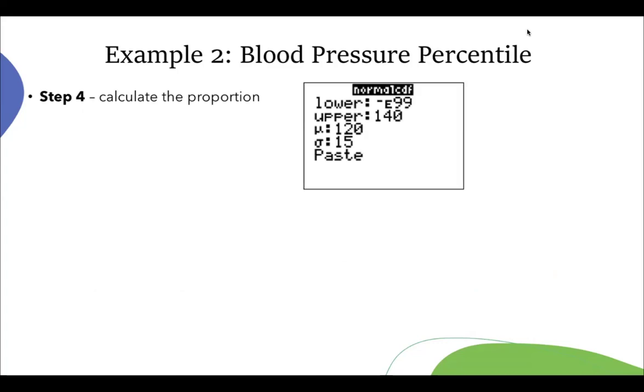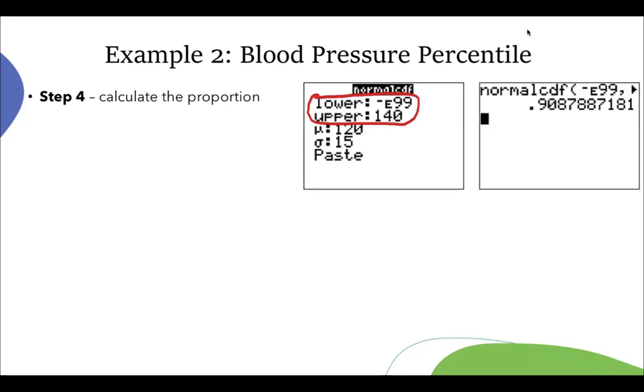Again, the lower bound is negative infinity because we're finding the area to the left, and the upper bound is 140, with a mean of 120 and a standard deviation of 15, and we get this pretty big proportion.